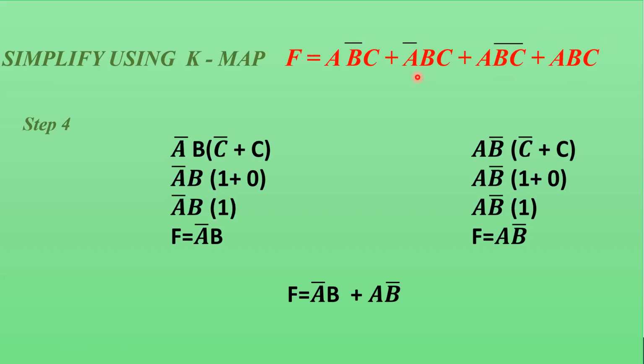A complement and B is common. C is different, okay, because here is C, A complement and C complement. A complement B is common in both equations. So take out A complement B, plus C complement plus C, add 1 plus 0, 1, and simply F is equal to A complement B. Clear? Through these procedures, you can simplify the equations.